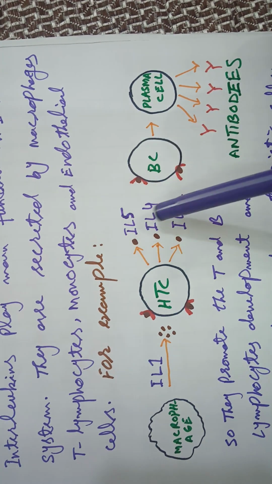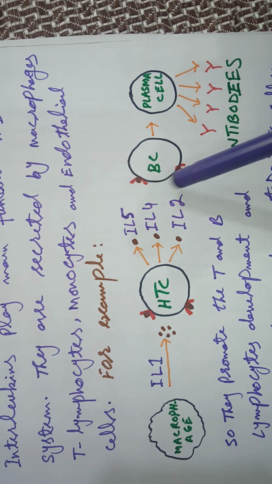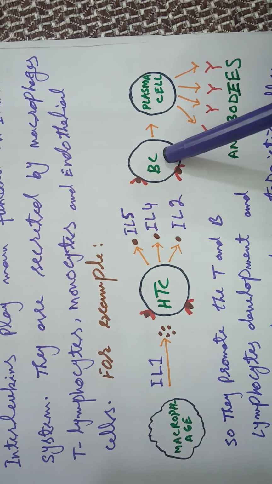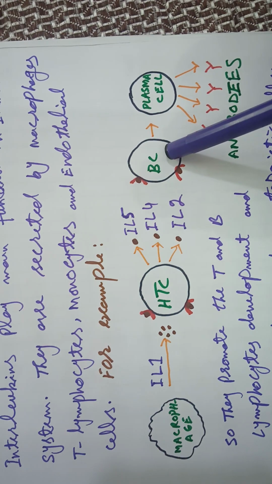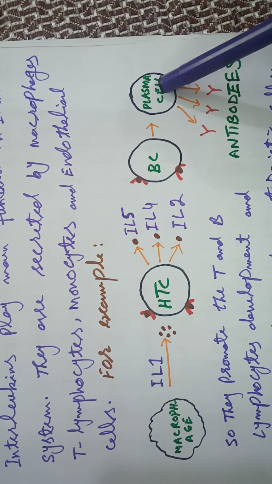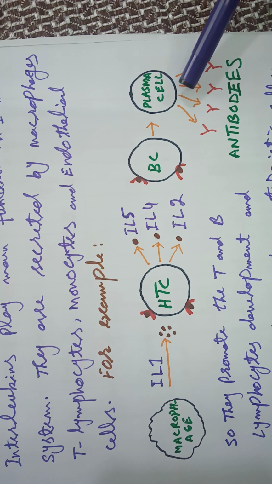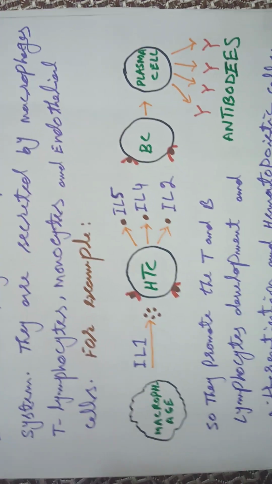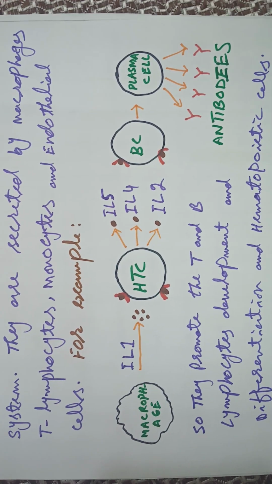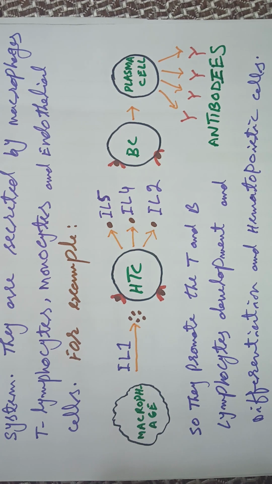These interleukins attach to the B cells on their receptors. Then B cells differentiate into plasma cells, and plasma cells secrete antibodies against the specific antigens.